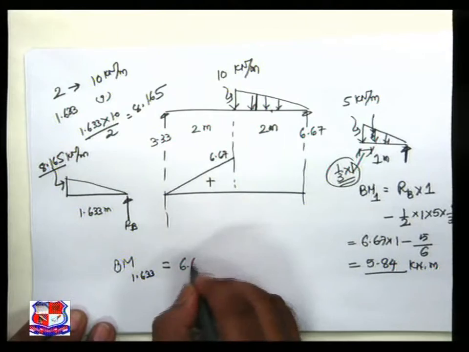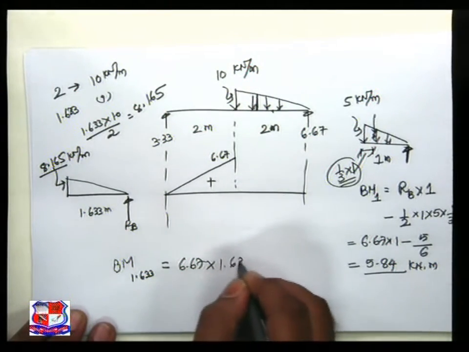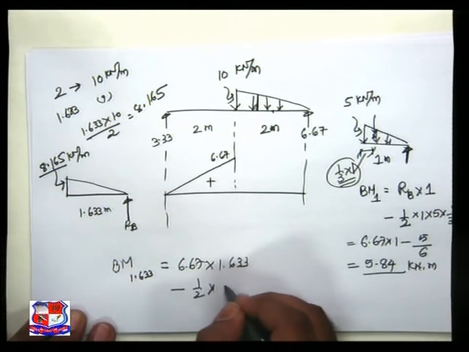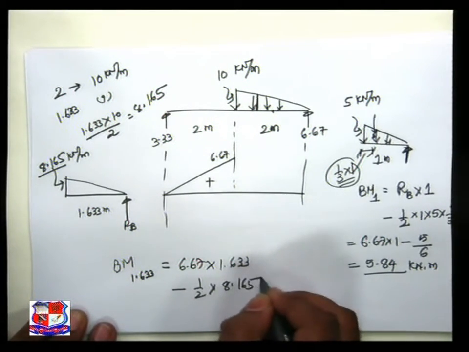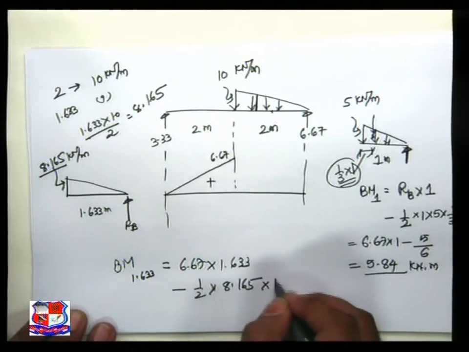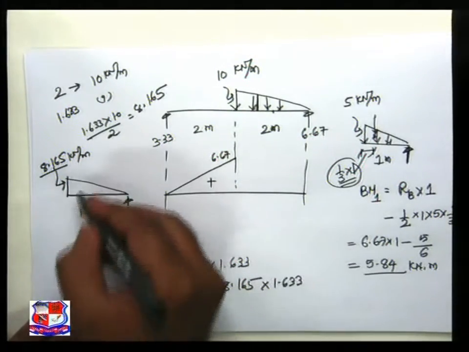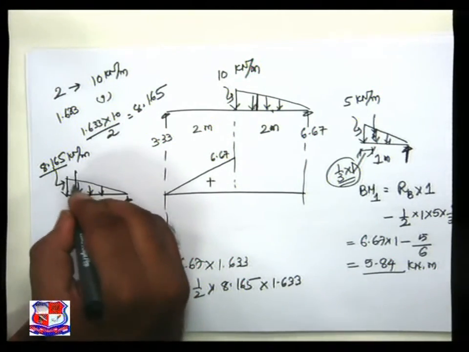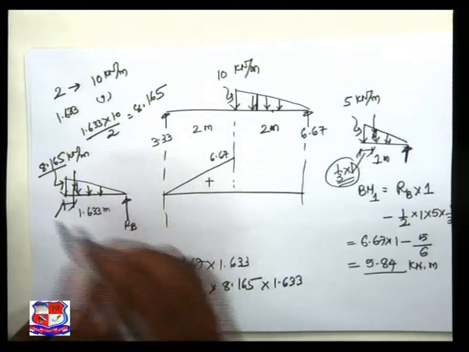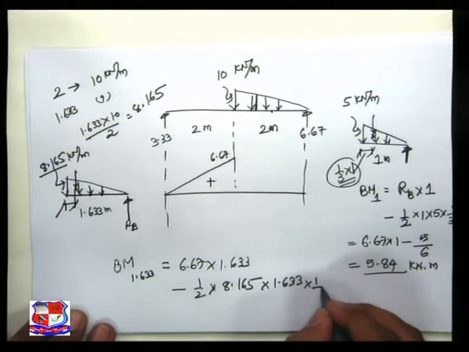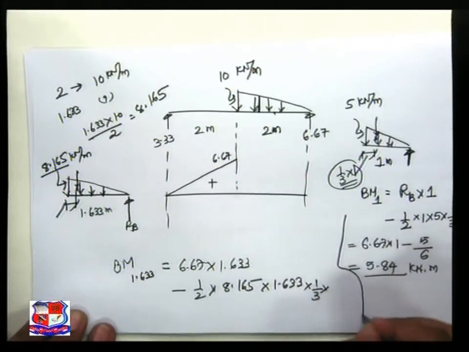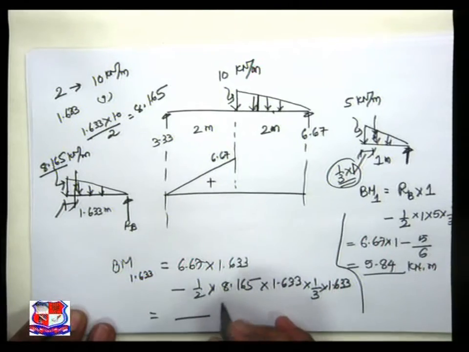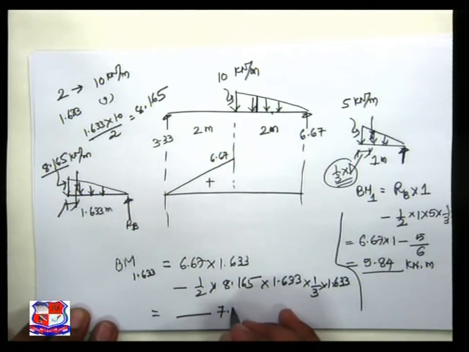That is 6.67 into 1.633 minus half into 8.165 into 1.633, the area of the triangle acting at the CG over here, at distance 1/3 into 1.633, and we achieve the answer of 7.262.